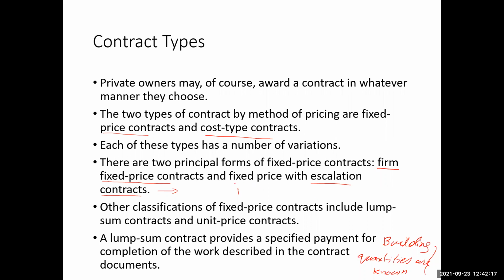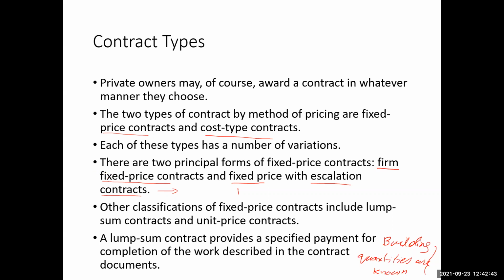In those situations, fixed price contracts with escalation can also be performed. But firm fixed price contracts are performed in relatively stable environments when the project duration is also not too long, maybe not more than 1 year, 1.5 years.